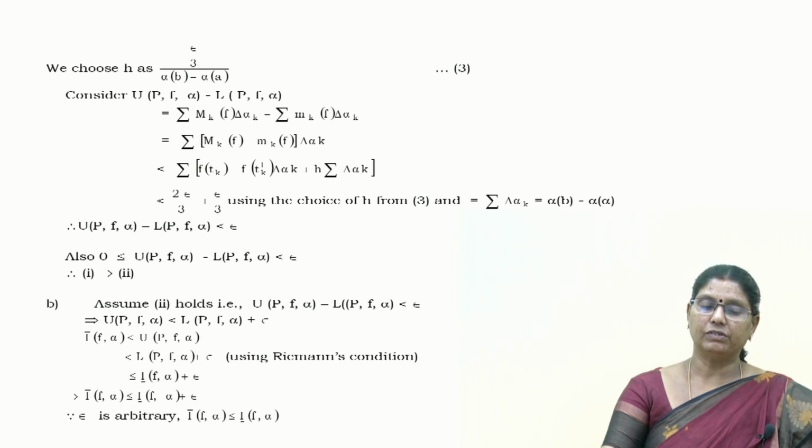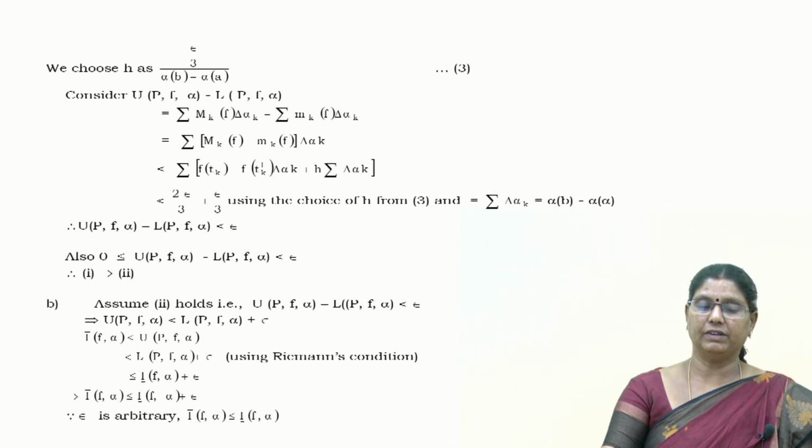Okay. So first let us assume that Riemann's condition holds, that is, condition 2 holds. That means U p f alpha minus L p f alpha is less than epsilon. Thus we can rewrite that U p f alpha is less than L p f alpha plus epsilon.